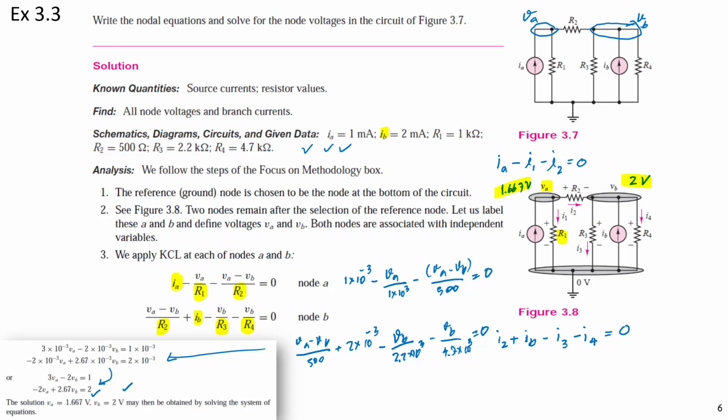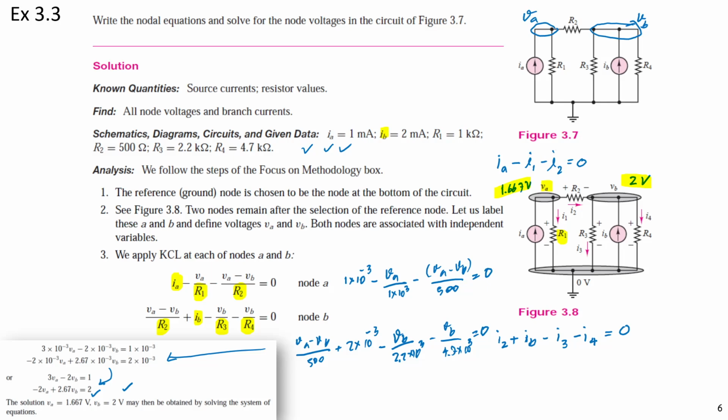So the objective of solving the circuit by nodal analysis is to solve for node voltage. We apply KCL, but we solve for node voltage. After we know the voltage of all nodes, we can calculate the current later, right?